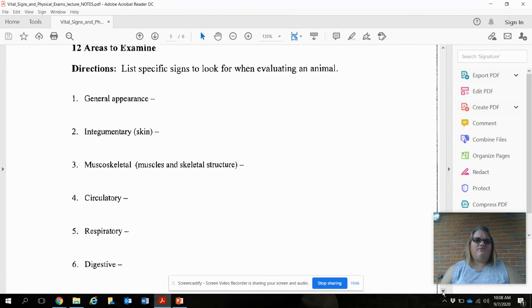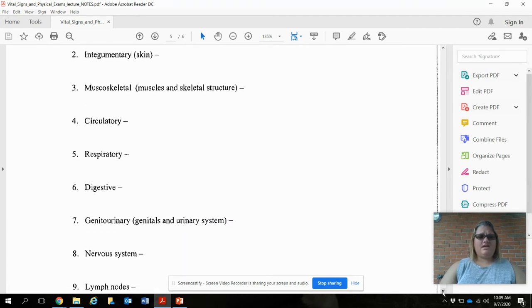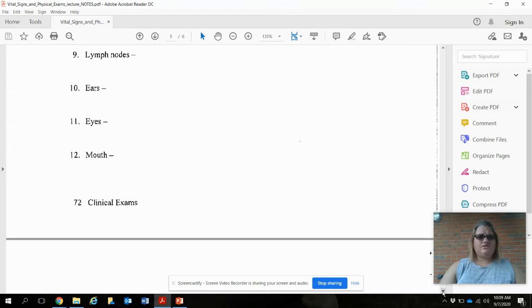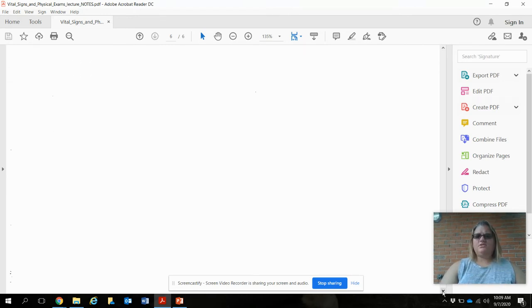And then we have the 12 areas that we examine in an animal. If you've been to the vet before with your animal, as they're talking to you and gaining information from you about your animal, they are also moving through the animal's body and examining it. These are the 12 areas that they go through every time to make sure that they examine the whole animal.